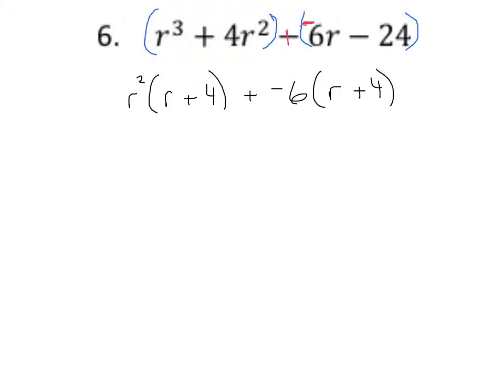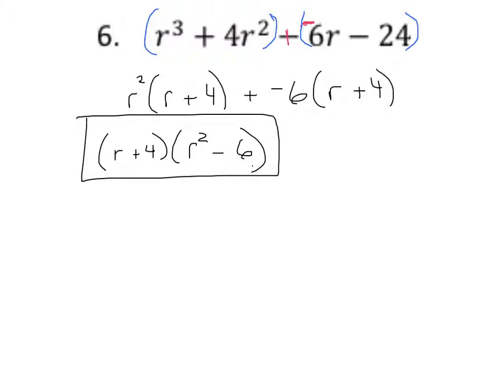So now we have r plus 4 as a common factor, and we're left with r squared minus 6. And then we ask if we can factor anything else. R squared minus 6. 6 is not a perfect square, so we don't have a difference of squares, so we know it's fully factored.